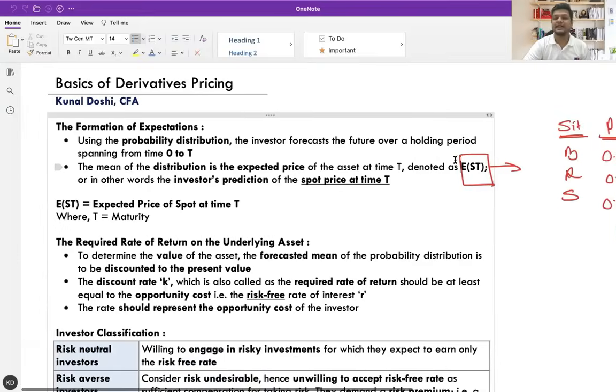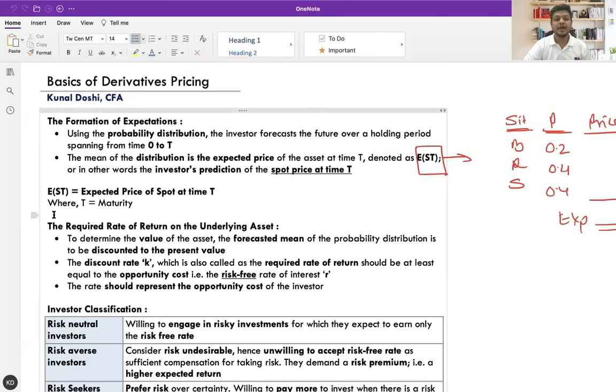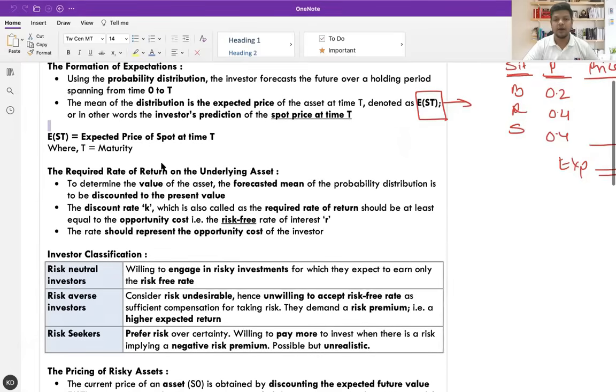The future price expected by us. So E of ST is called the expected price of spot at time t, where t is maturity. For us, this is nothing but the future price, the expected future price, or what we call the theoretical future price. Is that clear, everyone?